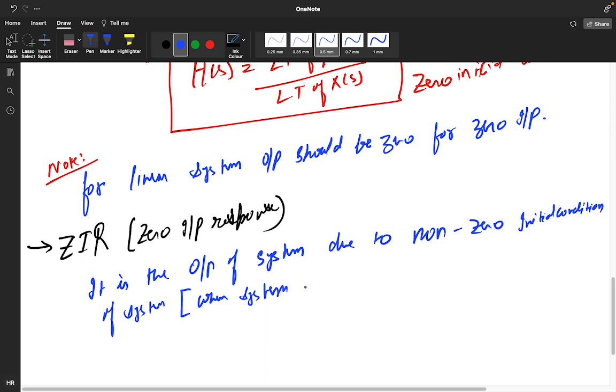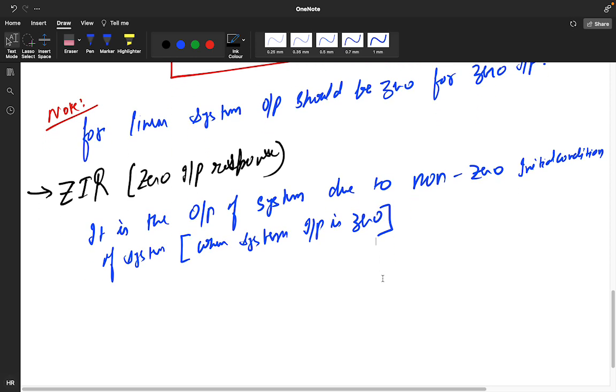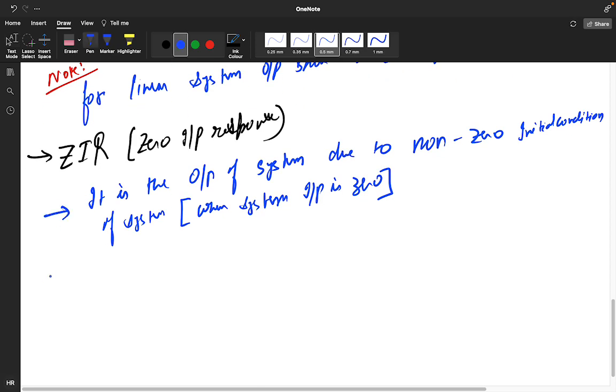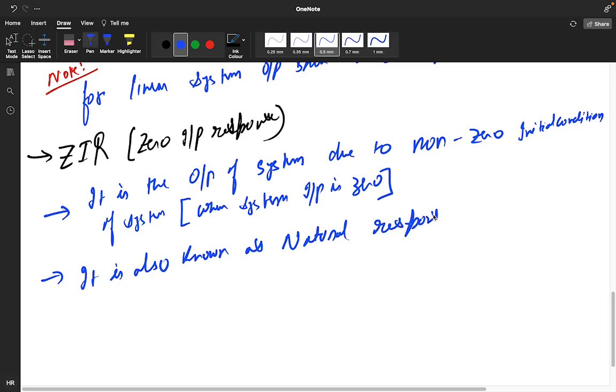So that is the meaning of zero input response, ZIR. It is also known as the natural response. Write it down. Natural response of the system.